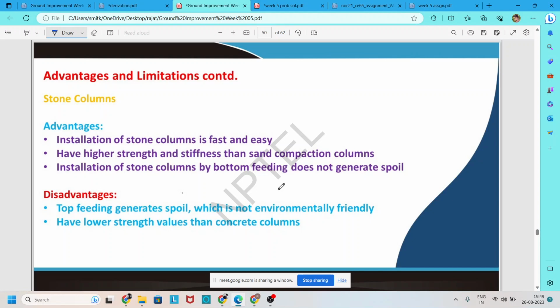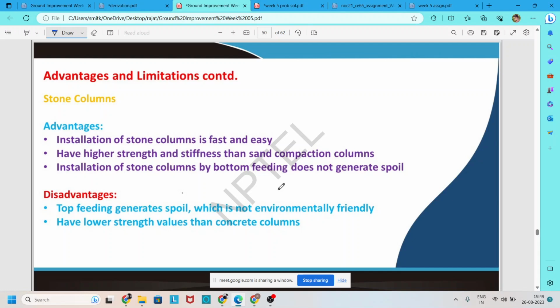There are some disadvantages also. The top feeding method generates spoil, which is not environmentally friendly. If we create the stone column by the top feeding method, flying debris is created. Due to this flying debris, a hazard is created in the surrounding environment, which is not good for human health. It also has lower strength value than a concrete column.